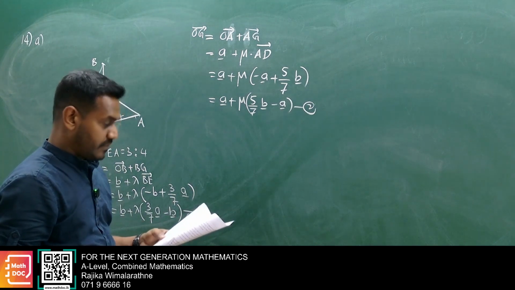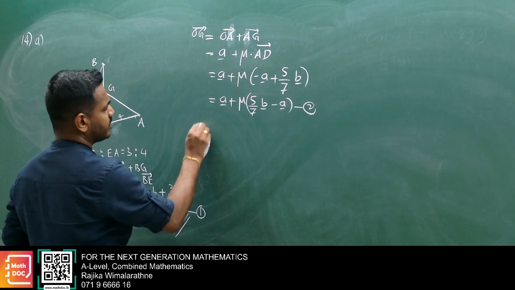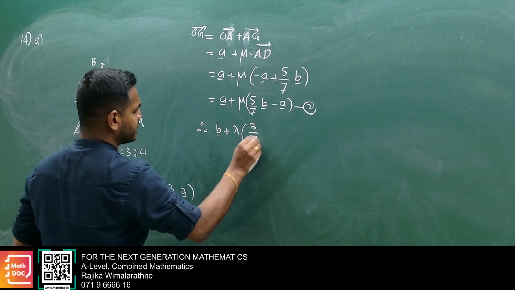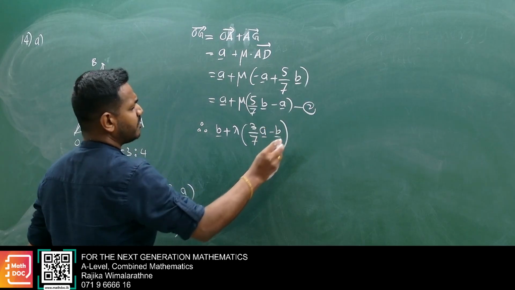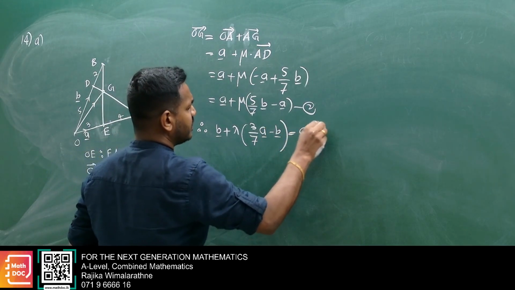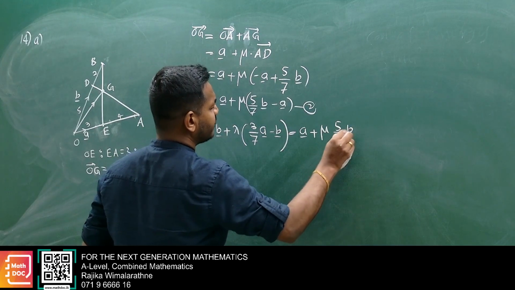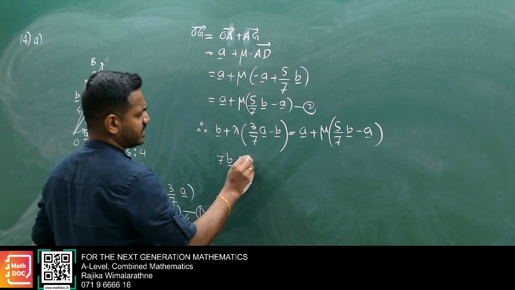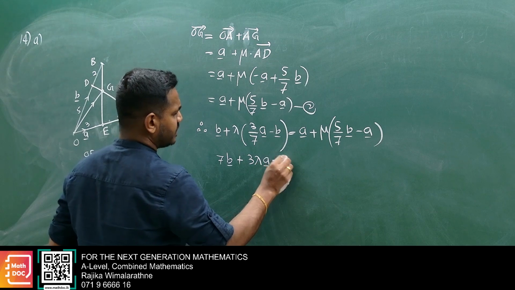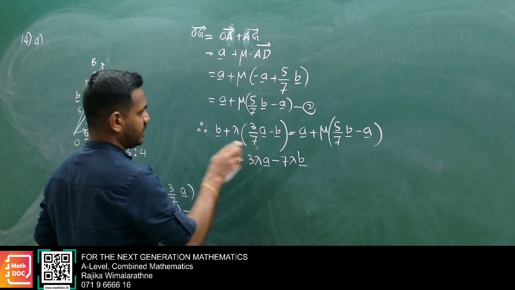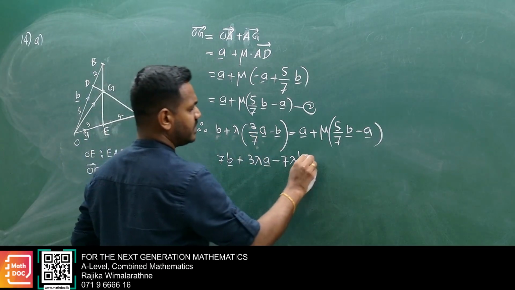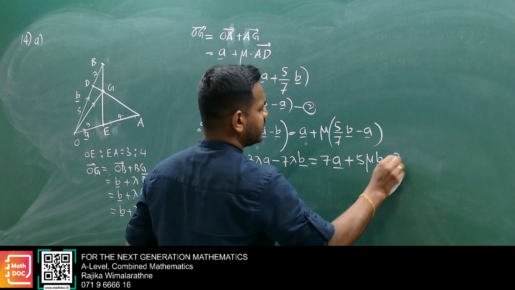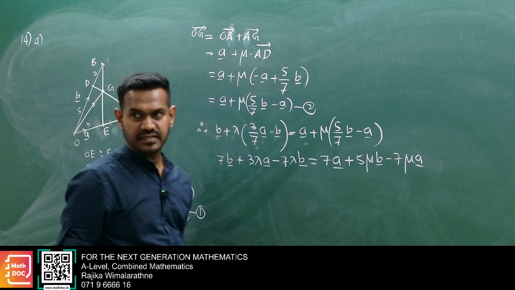Then now they are the same, no? B plus lambda times (3 over 7 A minus B) equals A plus mu times (5 over 7 B minus A). Now multiply by 7: 7B plus 3 lambda A minus 7 lambda B equals 7A plus 5 mu B minus 7 mu A. Get the relation.